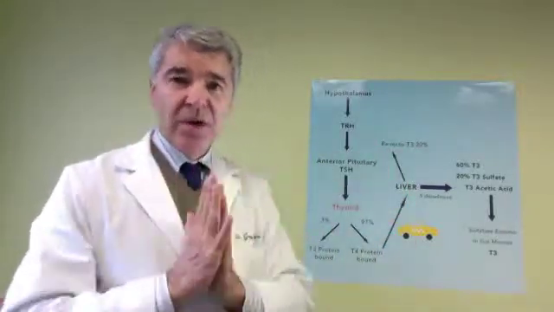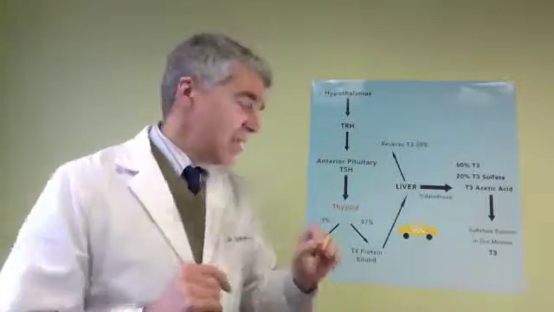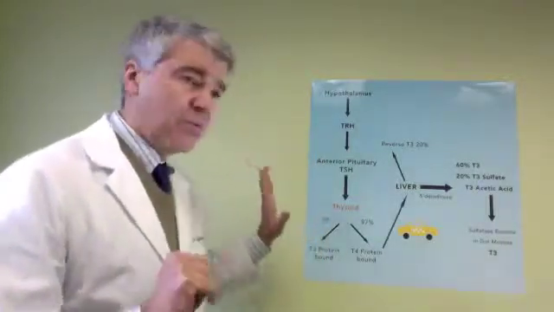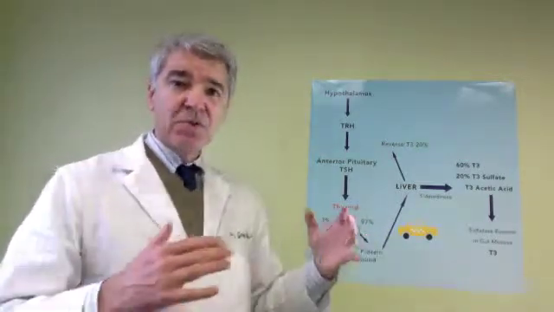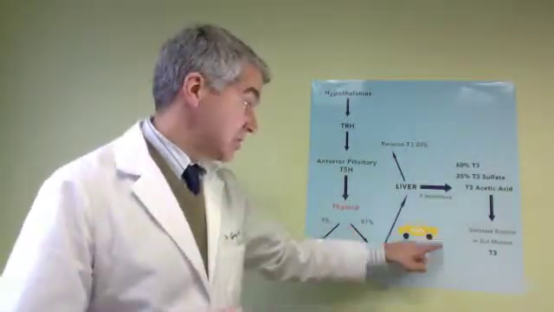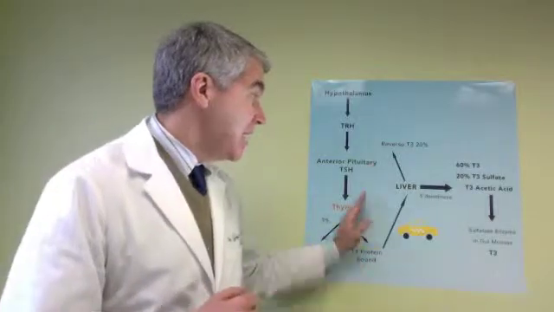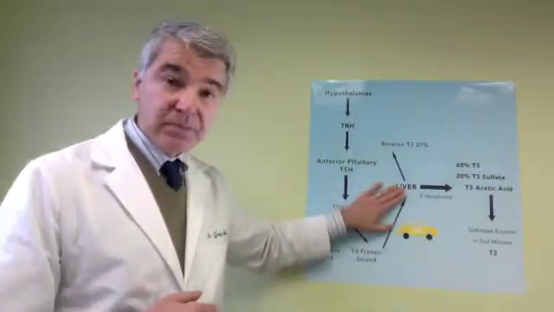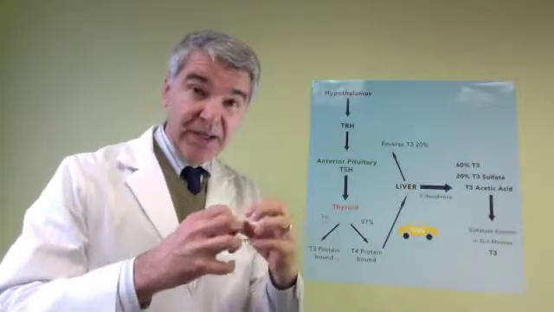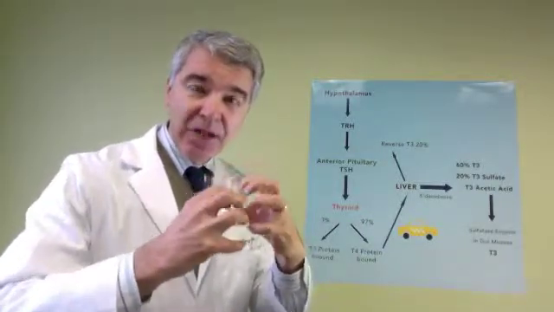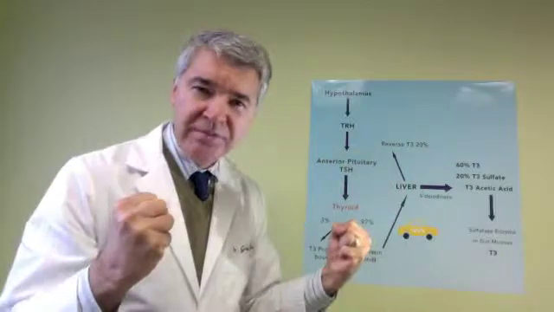Okay, that's T4. So what happens then is that the thyroid produces T4 and it gets bound to a protein, which is sort of the transport protein, like a taxicab, and it's taken to the liver, where one iodine molecule is taken off the T4.